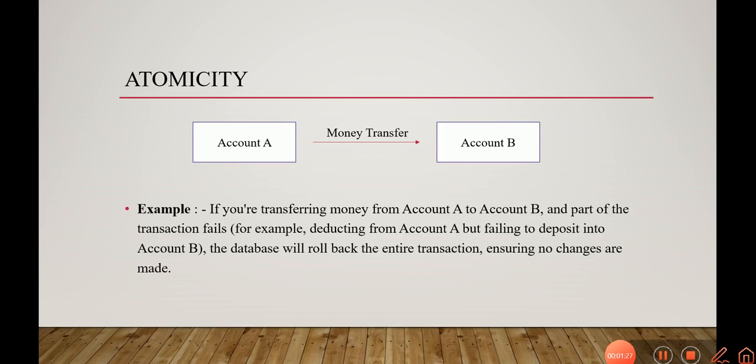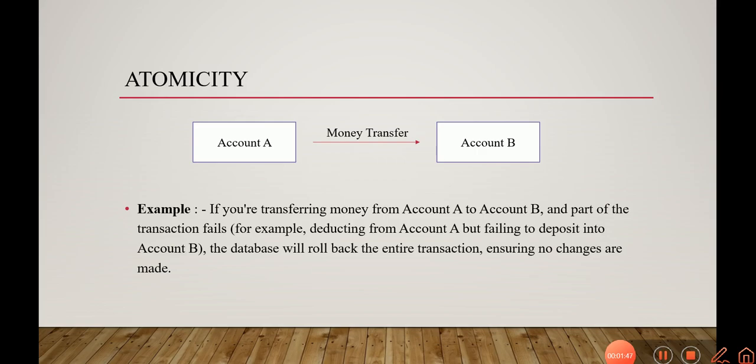For example, the amount is deducted from account A but not deposited in account B. So here, what will happen? The whole transaction will roll back, and we have to start from the source again.